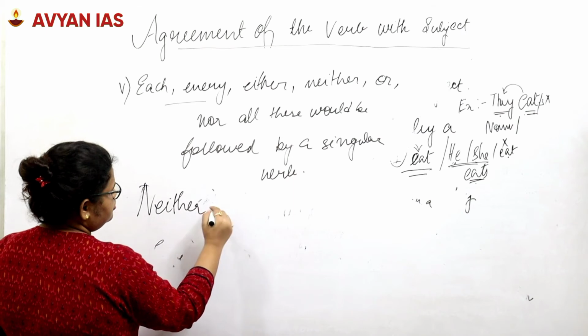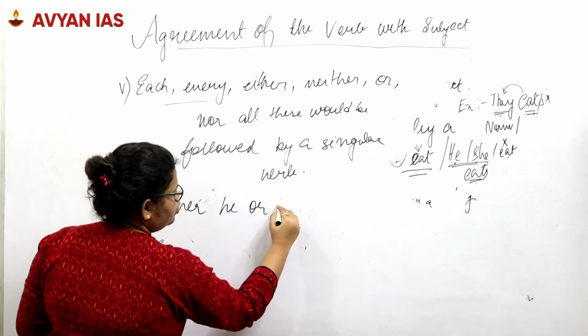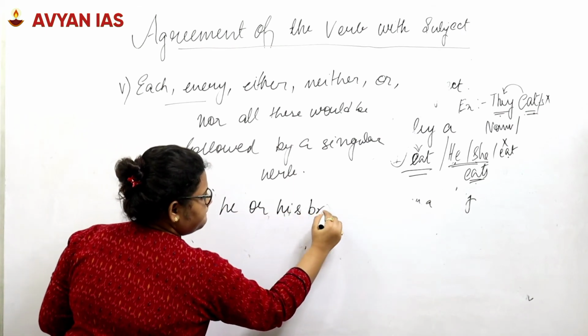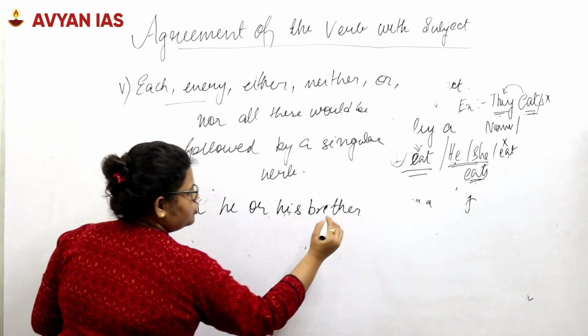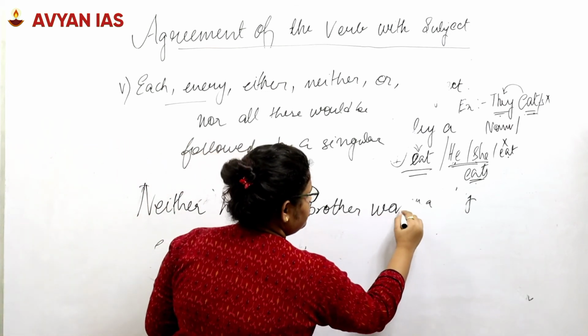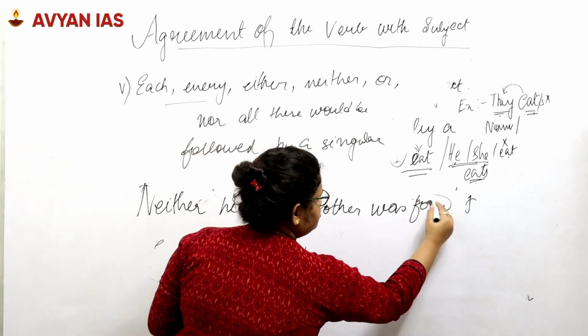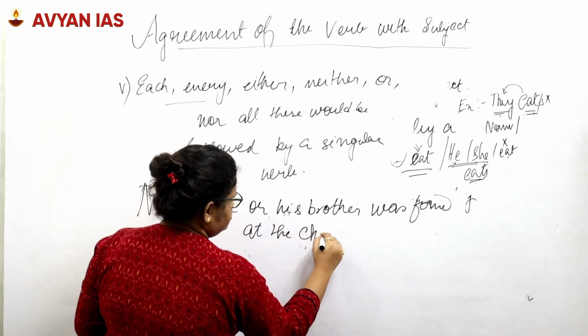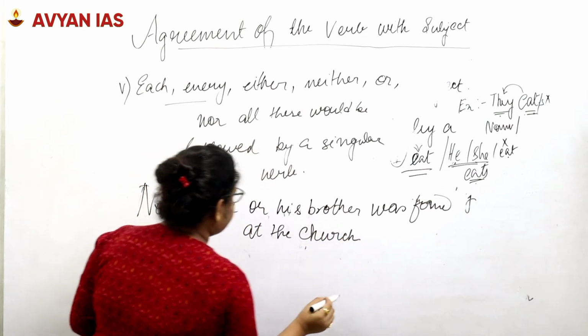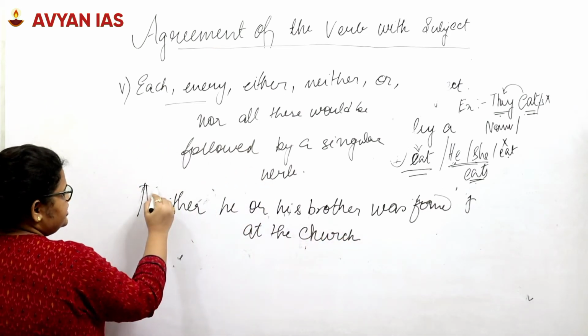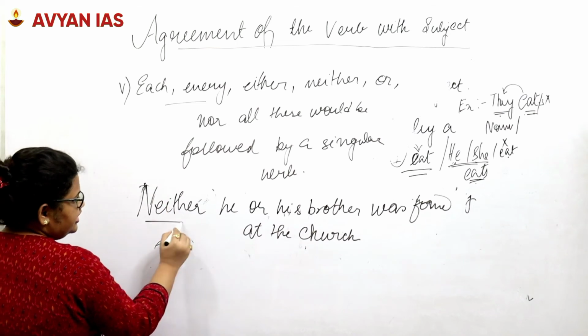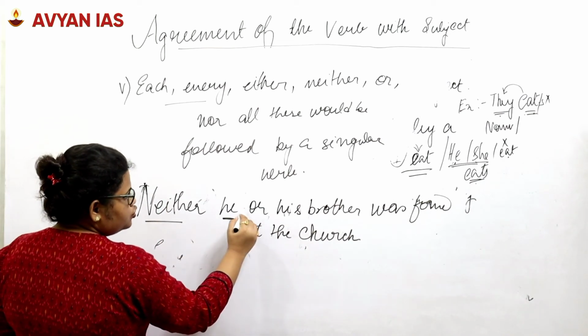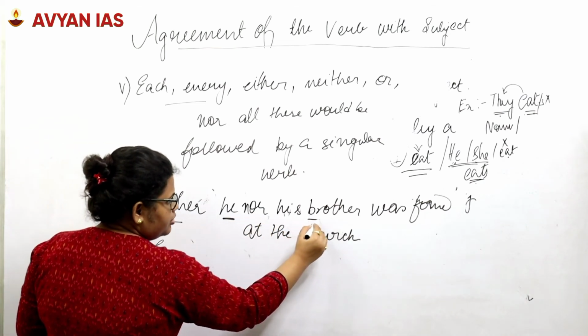Neither he nor his brother was found at the church. So again, we are dealing with the same idea that it is neither he nor his brother.